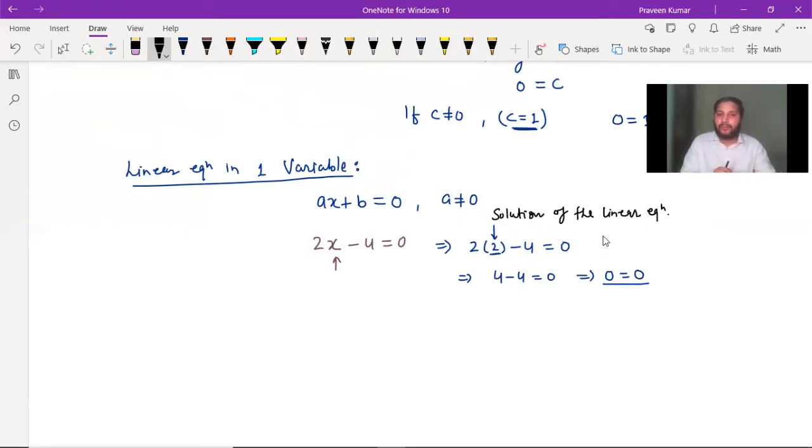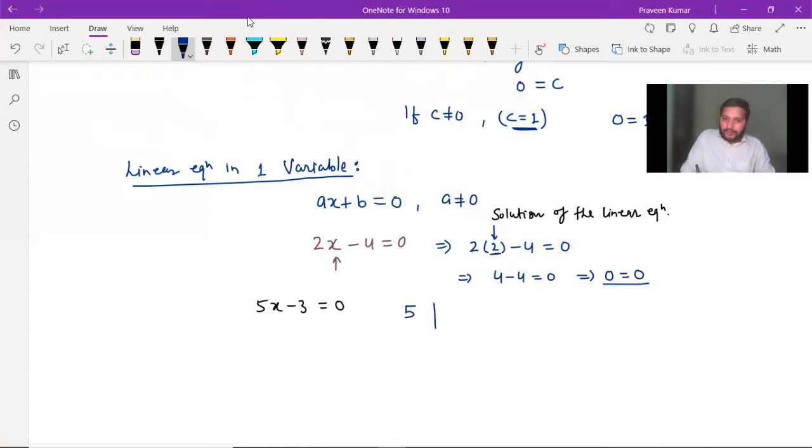Let us take one more example. Say 5x minus 3 is equal to 0. Can you think some value of x which makes this equal to 0? You must have solved this kind of problems in your previous classes.